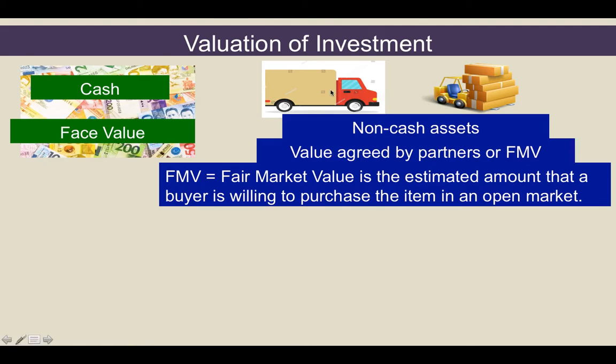For example, for this vehicle, there is a buyer for 800,000. Of course, as an investor, I would like my vehicle to be valued by the partnership at 800,000 because there is a willing buyer in the open market at 800,000.